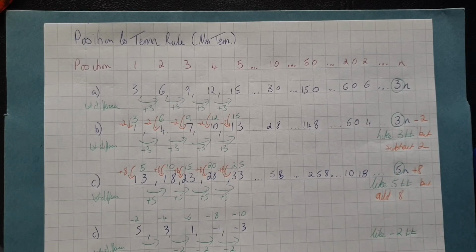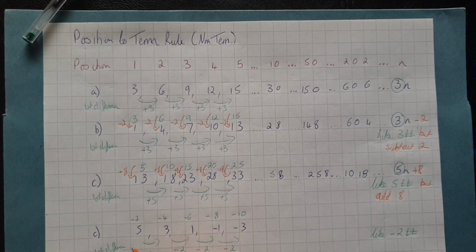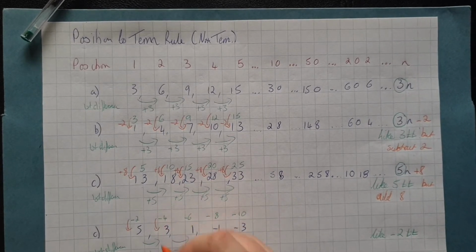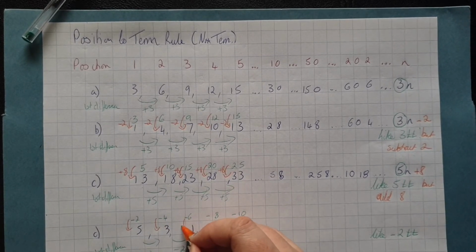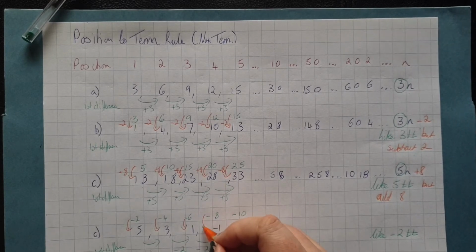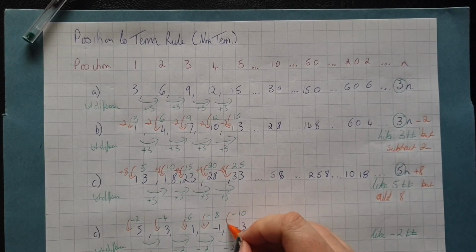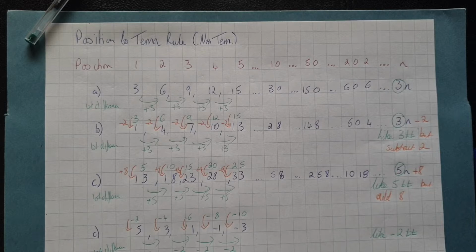Again, what do we do to get from negative 2 to 5? Negative 4 to 3? Negative 6 to 1, negative 8 to negative 1, negative 10 to negative 3? We are going up, so we're adding.